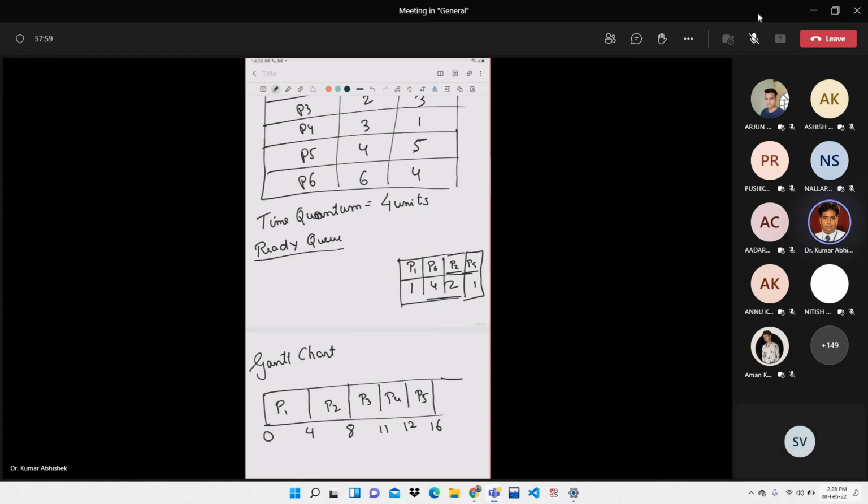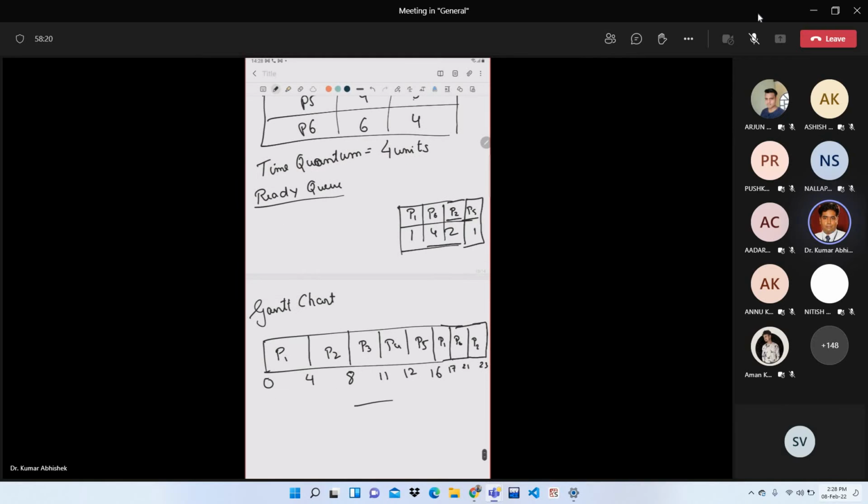Yes or no? So then P1 will be executing till 17. Then P6 will be executing till 21. Then we'll have P2 executing till 23. And again we have P5 executing from 23 to 24.